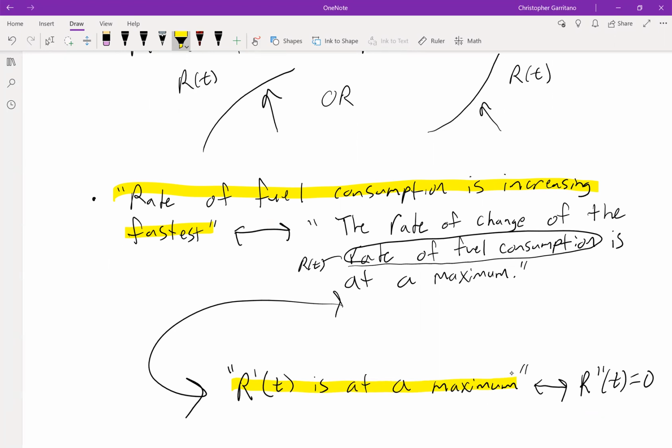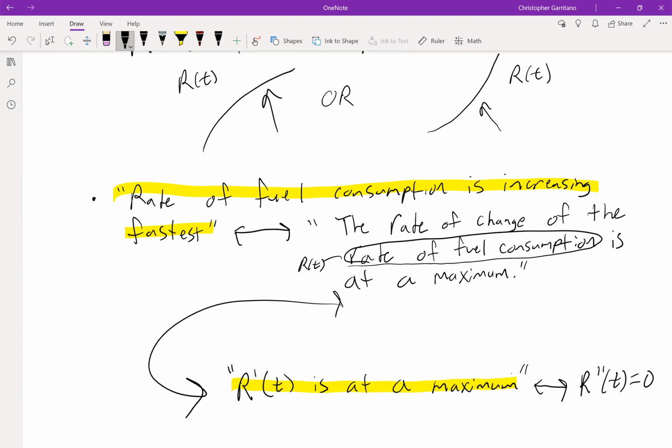And therefore, what we know, hopefully, from prior videos and prior lessons during the middle of the year, is that if a derivative has a maximum at a certain point, then at that point the second derivative must be equal to 0, right? You can think about it.